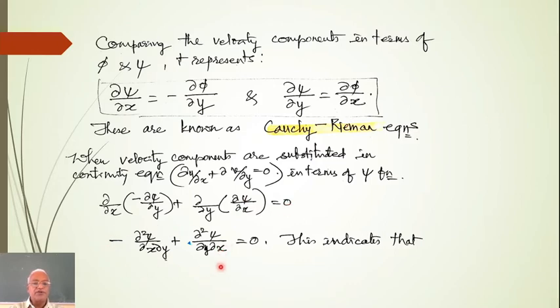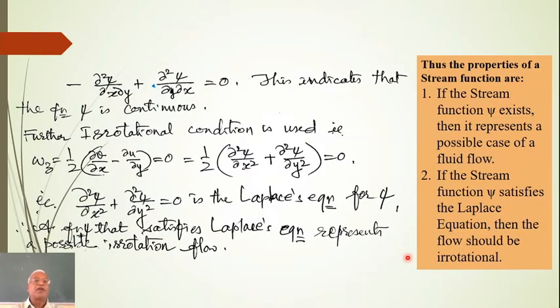So this gives you an equation: minus dou squared psi by dou x dou y plus dou squared psi by dou y dou x. This indicates that the function is continuous, right?